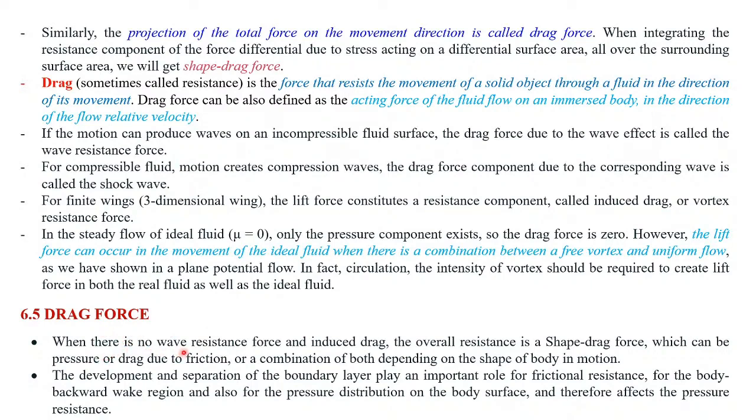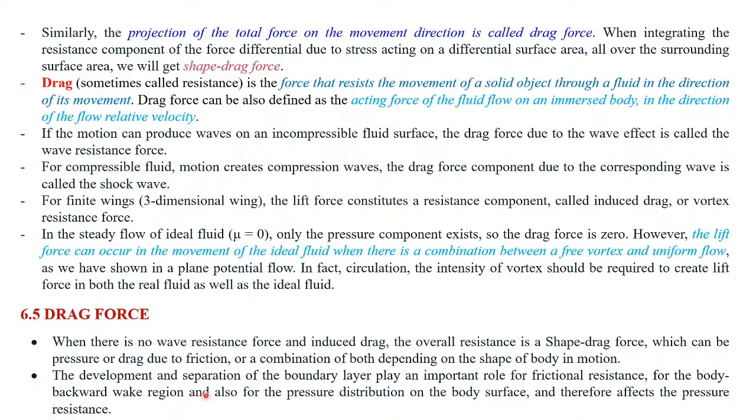When there is no wave resistance force, we delete this one, we do not consider this one, and the induced drag, delete. The overall resistance is a shape drag force only, which can be pressure or drag due to friction, or a combination of both depending on the shape of the body in motion.